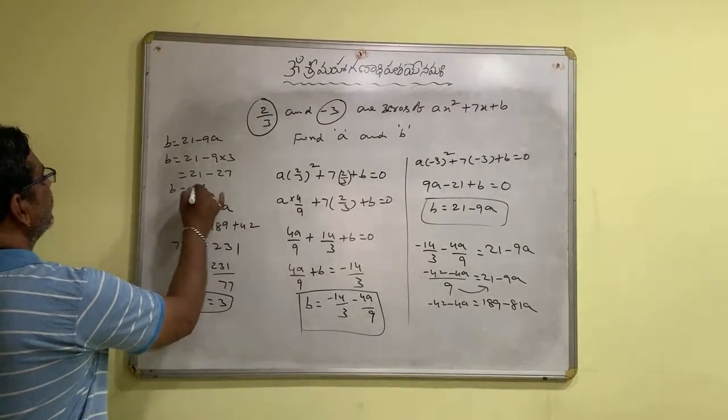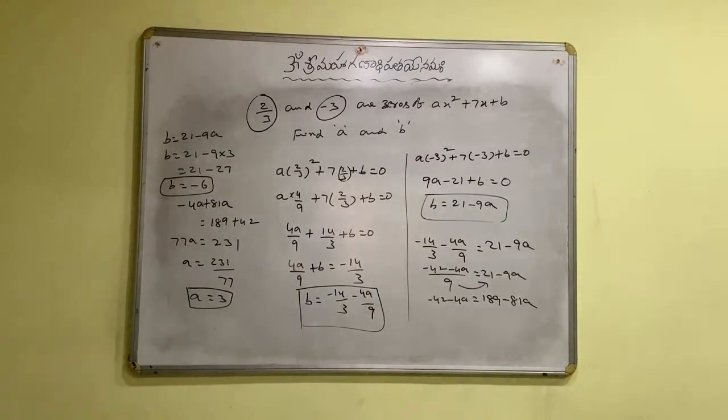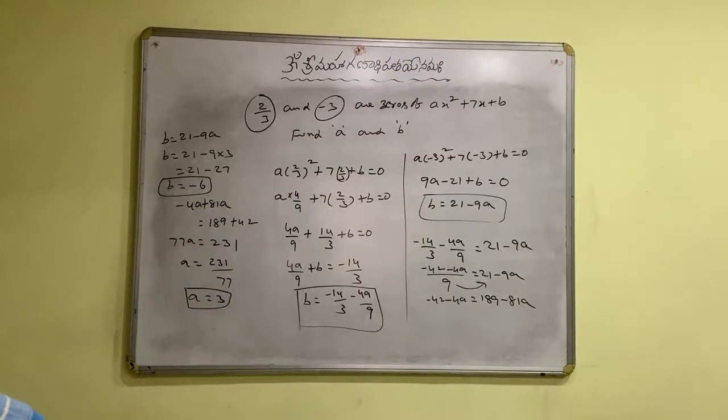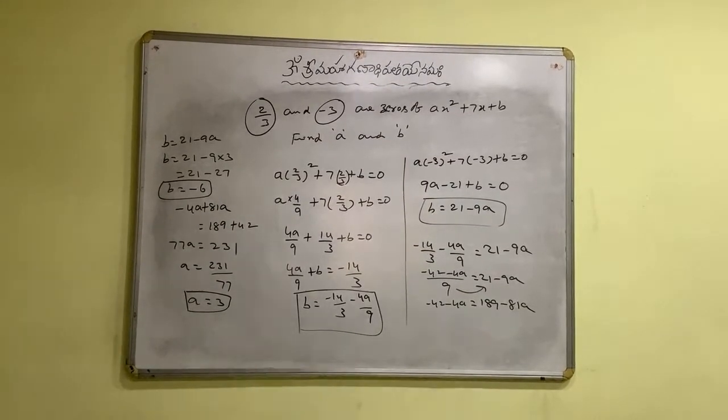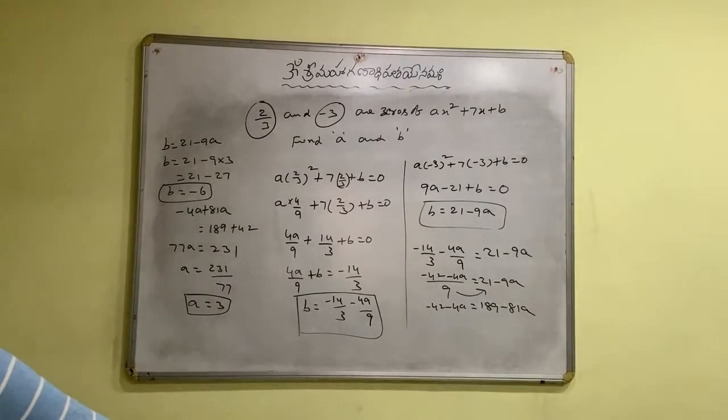Everyone wrong. b value negative 6, not 6. Everyone wrong. 21 minus 27, it is negative 6, not positive 6. Everyone is writing as positive 6.